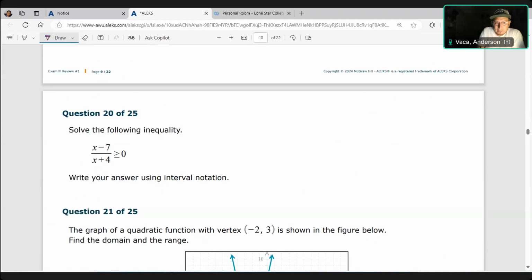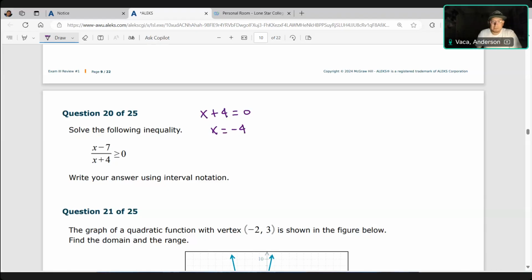First of all, we're trying to find the values of x that make the left side greater than or equal to 0. However, by solving this equation, we know that -4 will never be part of the solution.